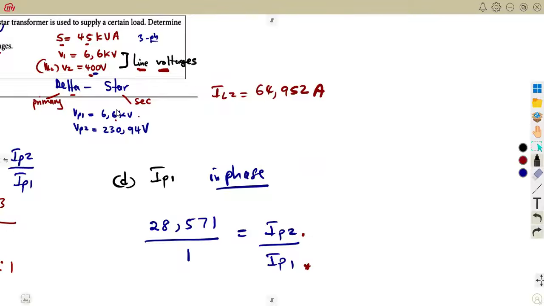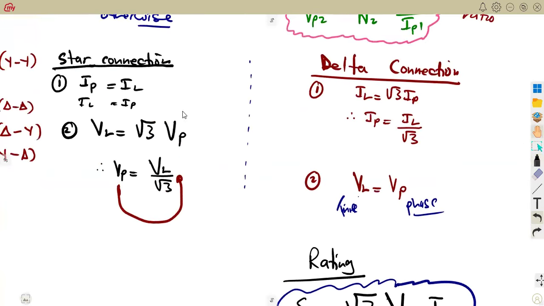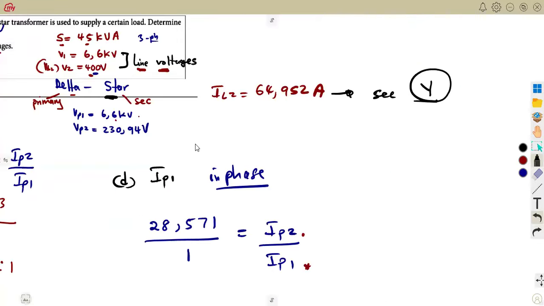What is the phase current of the secondary side? In the secondary side, what do we have? It's a star connection. Remember, our secondary, we are dealing with a star. And what do we understand in terms of the currents? If we are in a star connection, the phase current and the line current are the same.